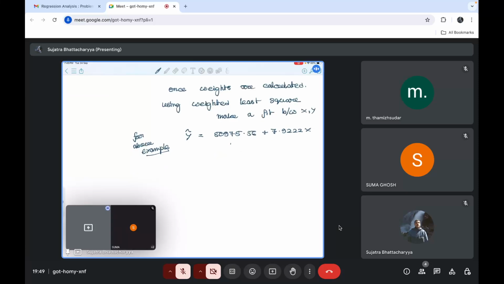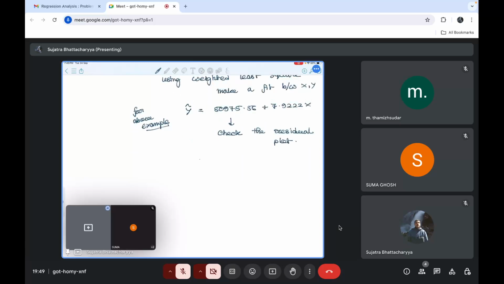Once you get this fit, you again check the residual plot, but there is a difference here. Remember, for the weighted least square technique, ei square now will be wi into ei square.